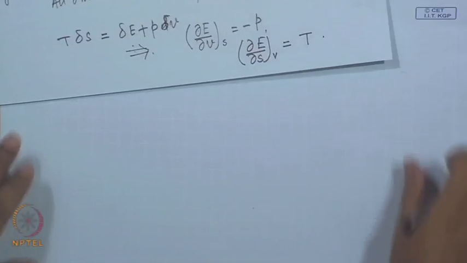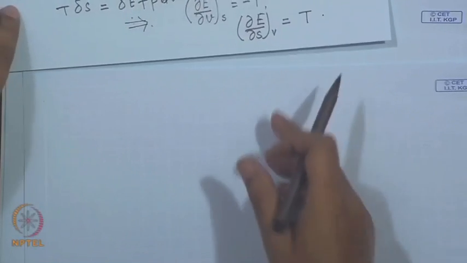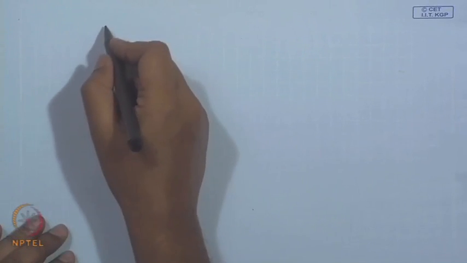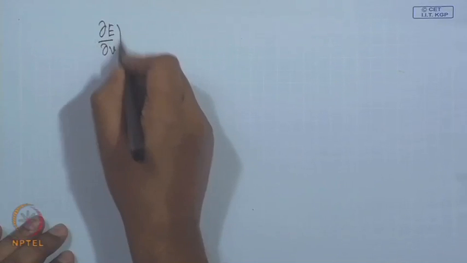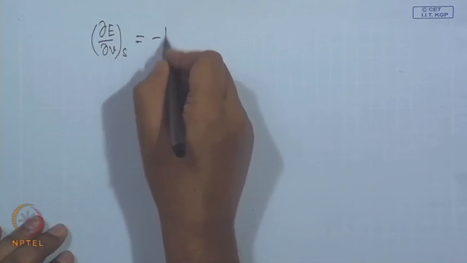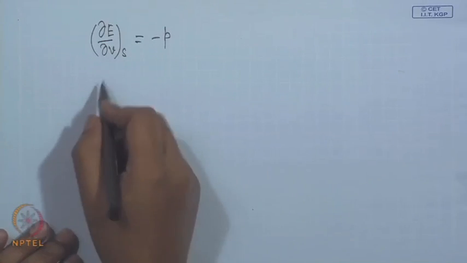Now, we can evaluate the second derivative of E. We can differentiate the first relation, that is dE/dV at constant entropy as minus P, again with entropy.